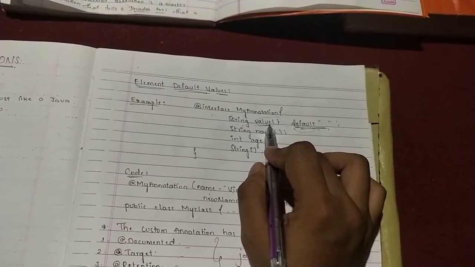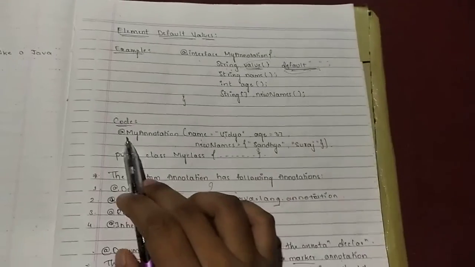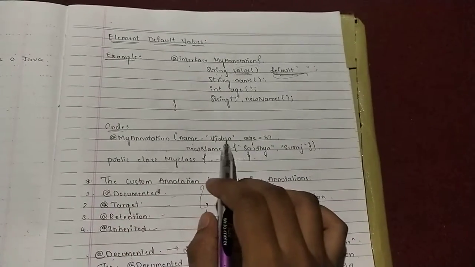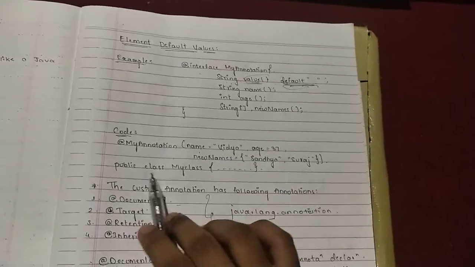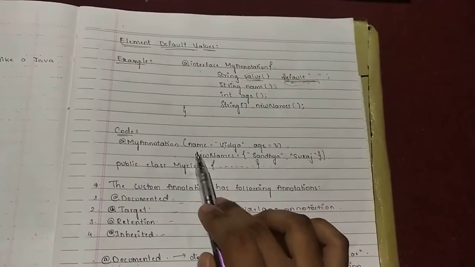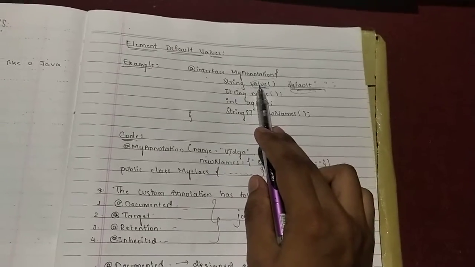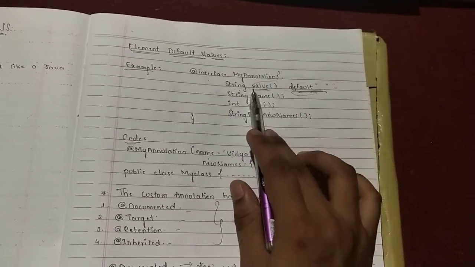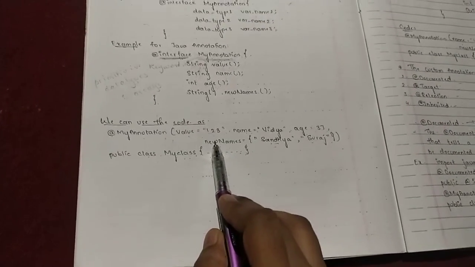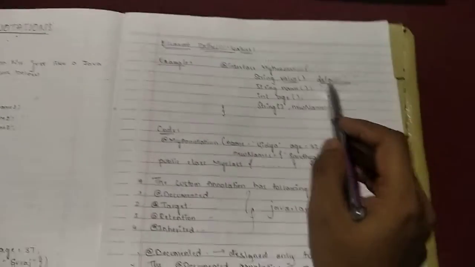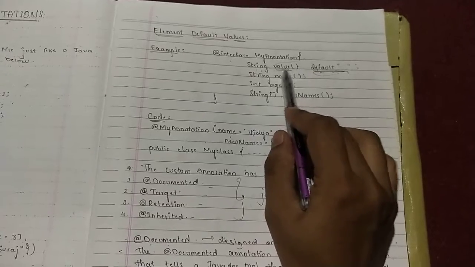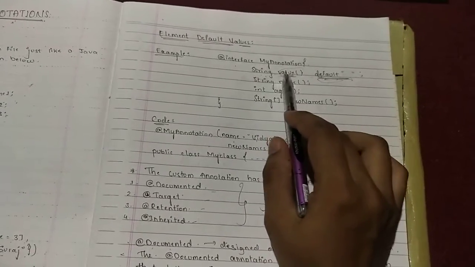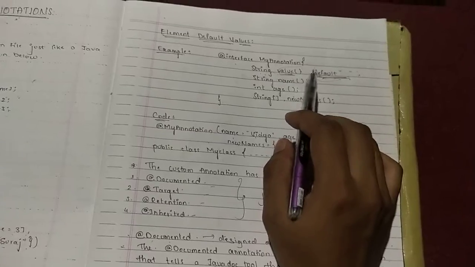When we insert the values, the code will be: @MyAnnotation, name equal to Vidya and age equal to 37, newNames equal to Suraj, public class MyClass. Here we can see it will not take a value for the element value, because of the declaration of the default word, so the element value is left out.